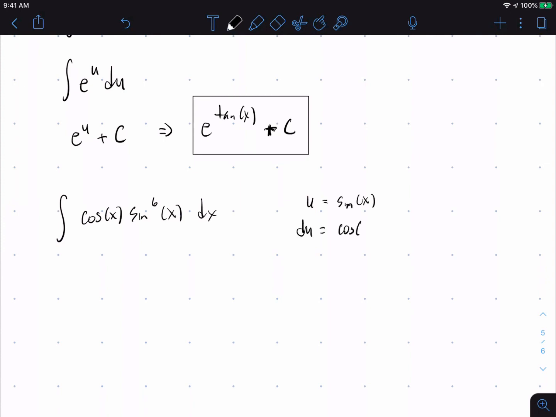So that's going to get me cosine of x dx, and we can see that that gets rid of cosine and dx, so I'm going to get u to the 6th du. Then when I take the integral of that, I'm going to get u to the 7th over 7 plus c, and then that's going to be sine of x to the 7th power over 7 plus c.